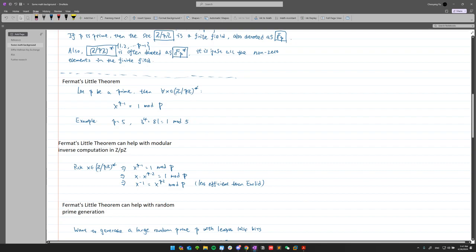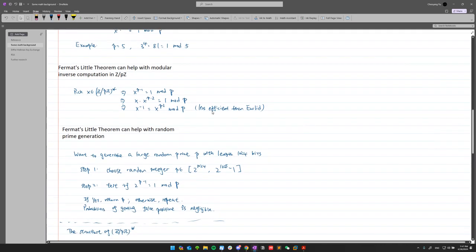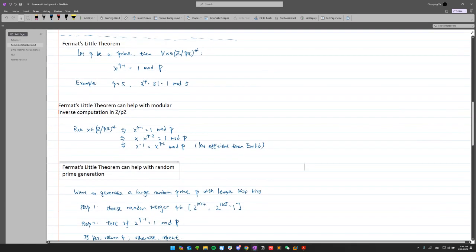Fermat's theorem has many applications, but I'm going to talk about two of them. The first is that you can compute a modular inverse with Fermat's theorem.